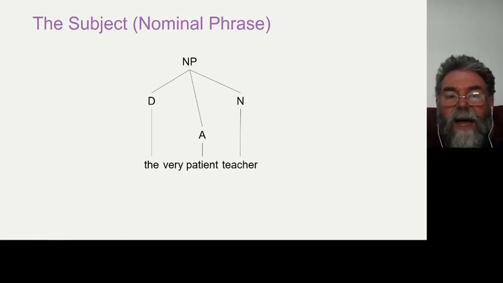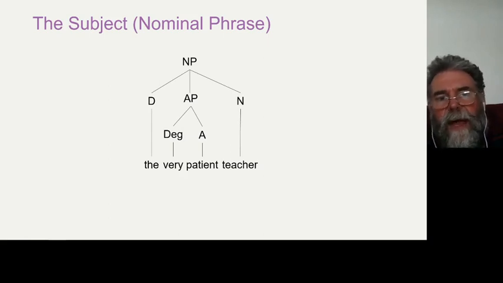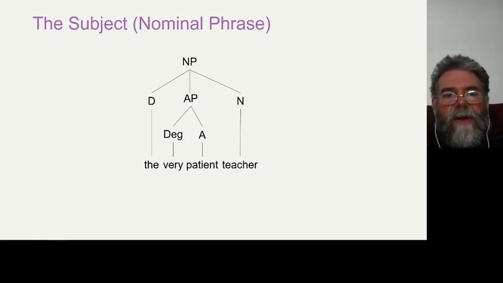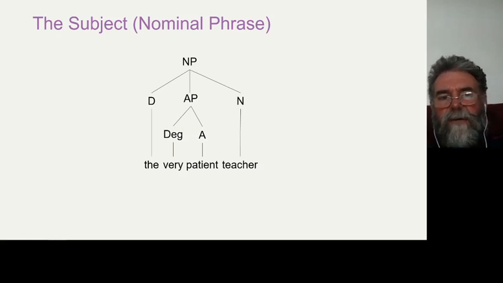In other words, that is a kind of phrase within the noun phrase. Very is of the category degree adverb, and degree adverbs are something which accompany adjectives inside a phrase which they make up. We call that an adjectival phrase, or an AP for short. So inside the NP, there's a possible position for an AP that comes between the determiner and the noun. So we can have the very patient teacher. Very patient is an AP with an adjective in it preceded by one of these degree adverbs.